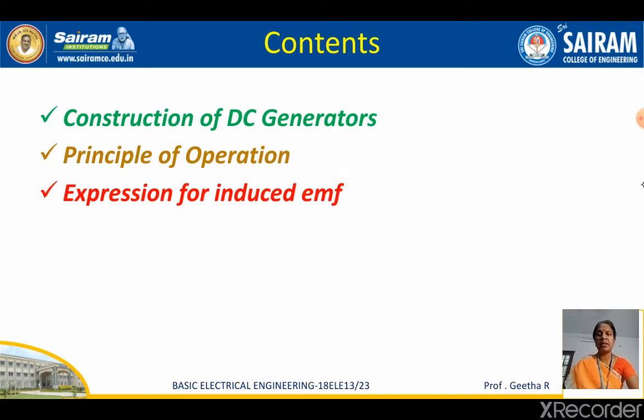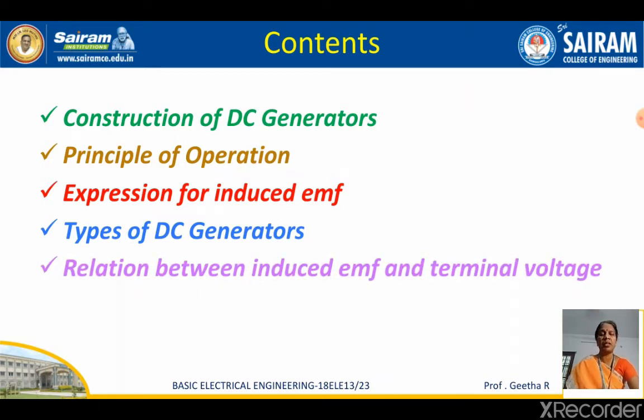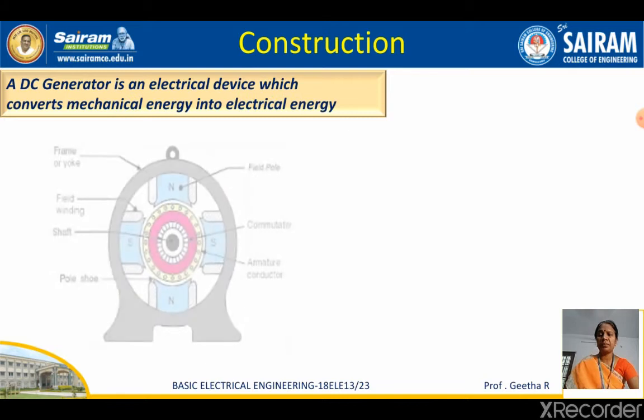A generator is an electrical machine which converts mechanical energy into electrical energy, since the output is electrical energy. You are going to derive the expression for the induced EMF, and learn the different types of DC generators available and the relationship between the induced EMF and the terminal voltage. All these things you are going to learn in this chapter.